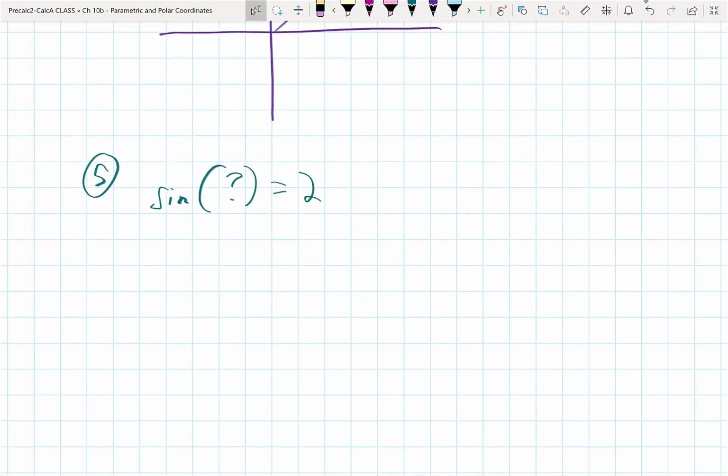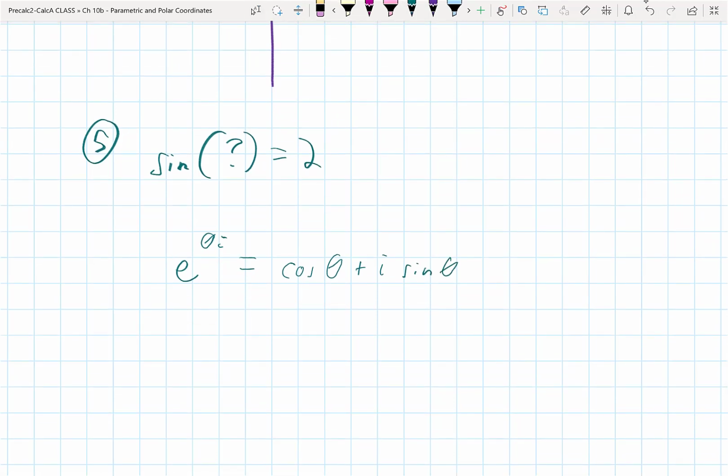Here's how we start it. I'm going to start with just e to the theta i, for a general theta. I'm doing this to derive a formula for sine in terms of e's. I know that e to the theta i is equal to 1 times the cosine of theta plus i times the sine of theta.